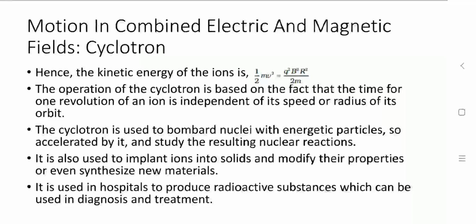It is also used to implant ions into solids and modify their internal properties, or we can create a new material by implanting other ions. It is also used in hospitals to produce radioactive substances which can be used in diagnosis and treatment.